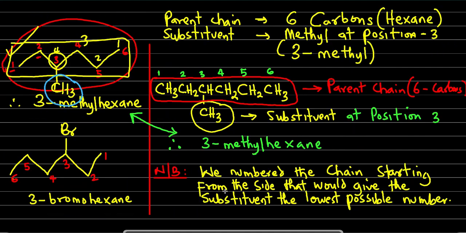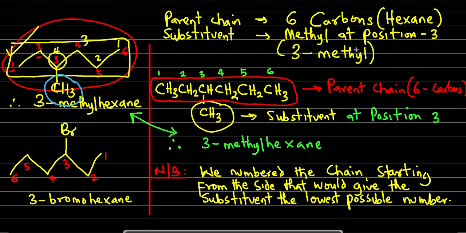Now, what do I mean? It's very obvious now that CH3 is not part of the parent chain, so it's a substituent. And based on the numbering system I just told us, coming from the left, we'll give this CH3 the smallest number, which is what the rule told us to do. So we're going to adopt numbering this chain from the left-hand side, which is going to give this first substituent position number 3. You realize that the parent chain is 6 carbon atoms. A 6 carbon alkane is hexane.